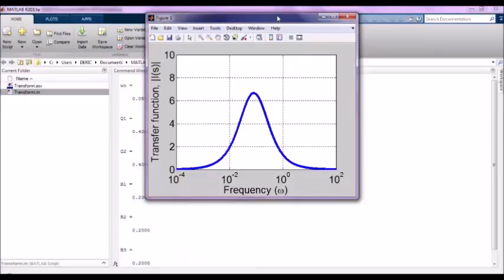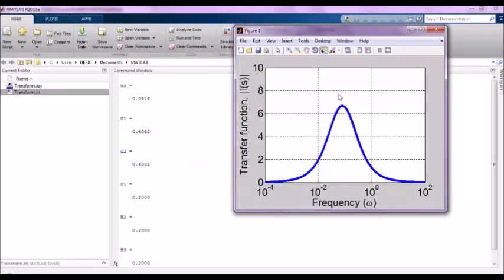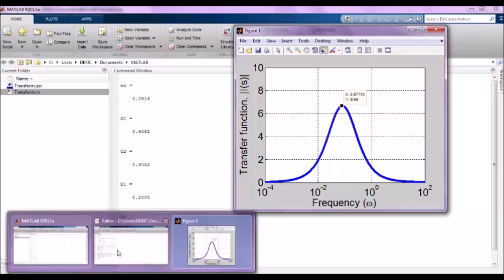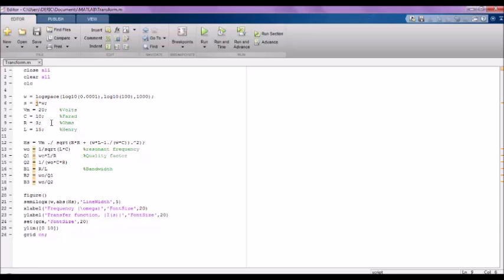From the graph, plotting the maximum value, the x is 0.07743, also approximate to 0.0816. Next, we proceed to find the third quality factor.